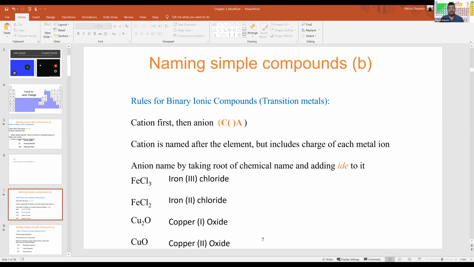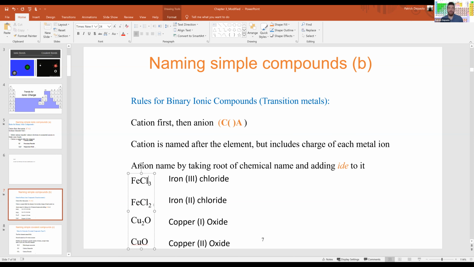We know about Cl and its charge. Its charge is -1. There happen to be 3 of them. That makes -3. So if that's -3, we know that the charge of the iron has to be +3 in order to counteract the -3 charge from the chloride ions. So that's why it's iron 3 chloride.